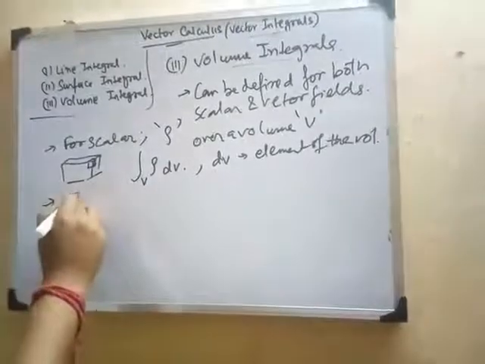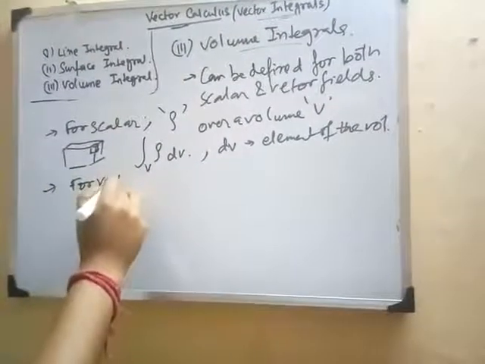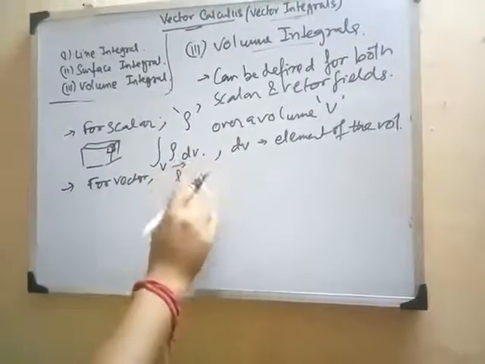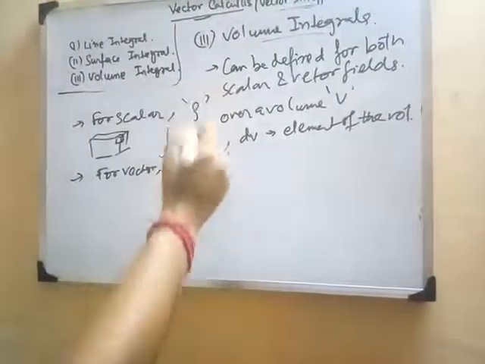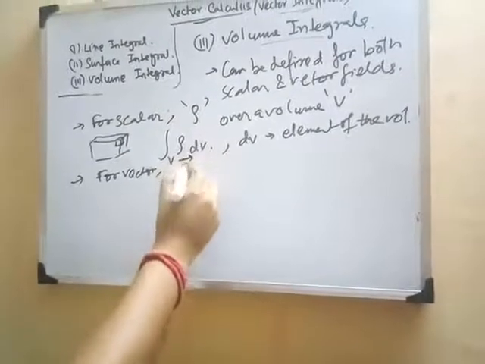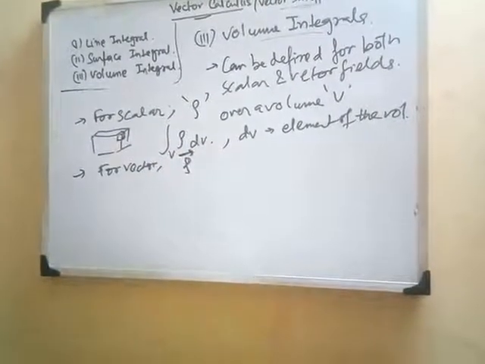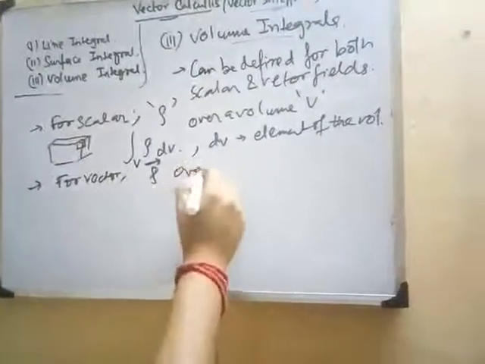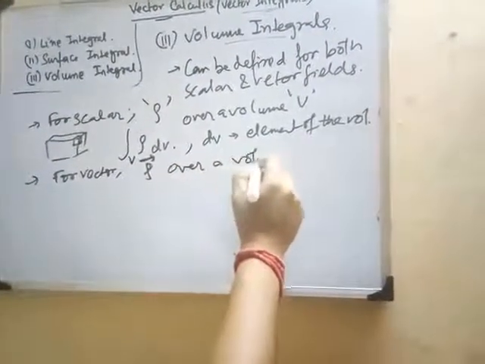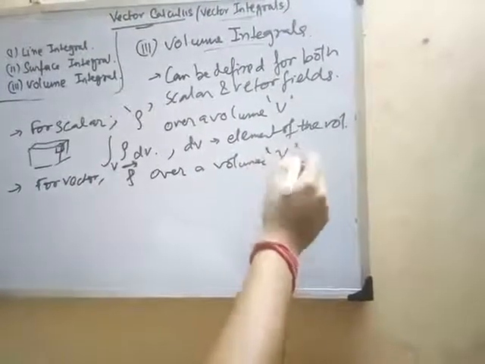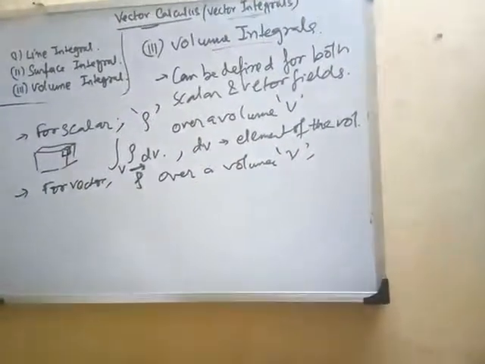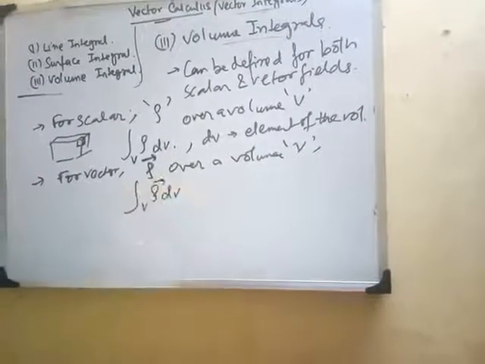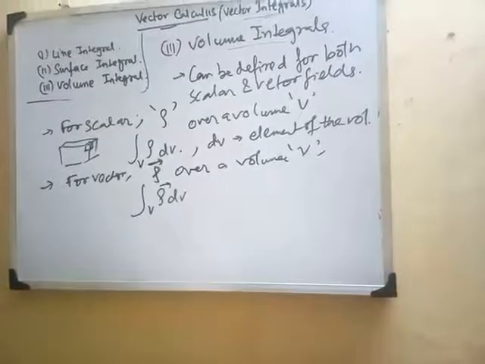Now let us consider the vector case. For vector fields, if this rho is a vector field, here we simply use the same rho and put a vector sign on it. So for any vector field over the same volume V, this can be represented by the same integral over V of rho dV, only the vector sign will appear, right? So what is the difference?